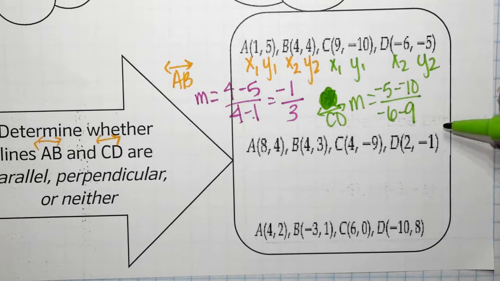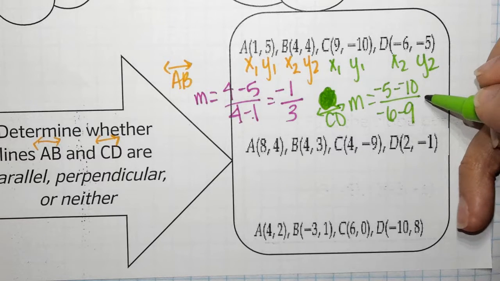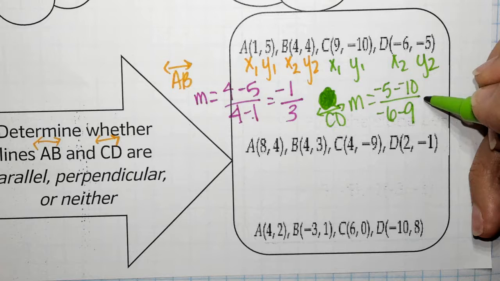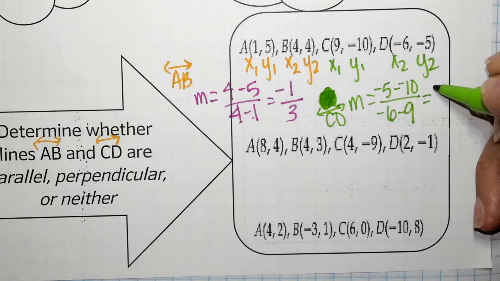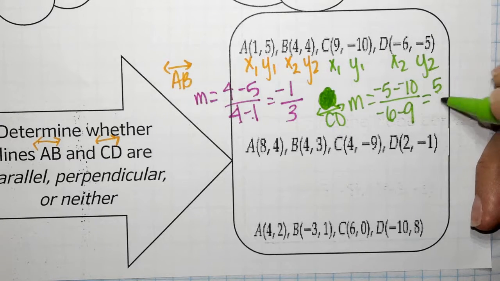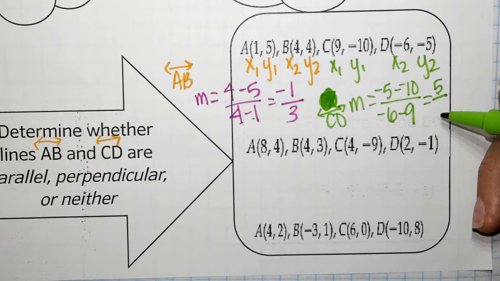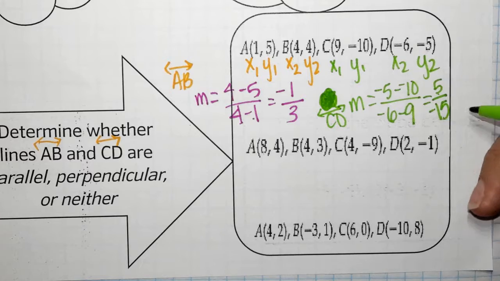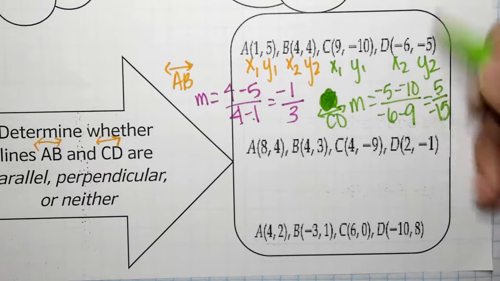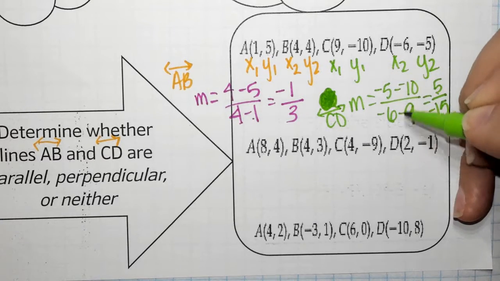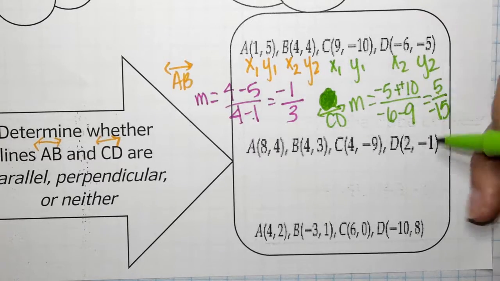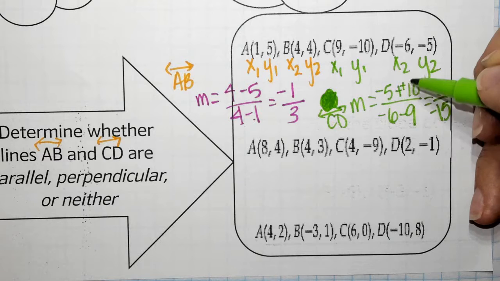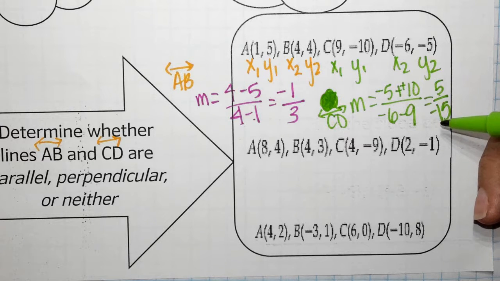What's negative 5 minus a negative 10? 5. And what's negative 6 minus 9? Negative 15. These two negatives right here, if it's minus a negative, you just add.